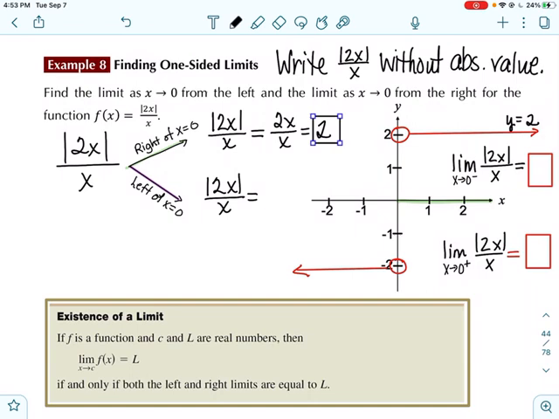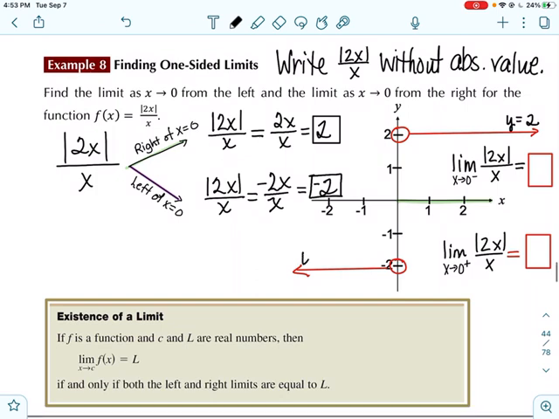However, if it's to the left of 0, then x is still x, but the absolute value turns this into the opposite of 2x. So your function value will be negative 2 for all x, and this will be y equals negative 2.